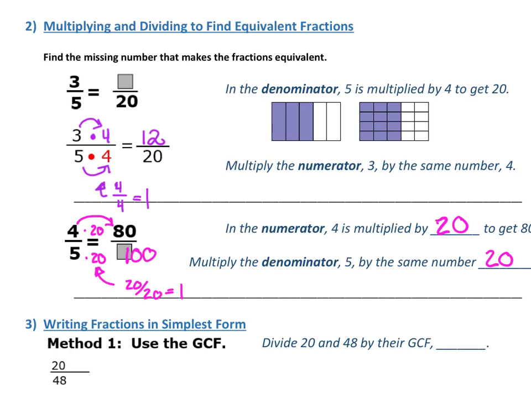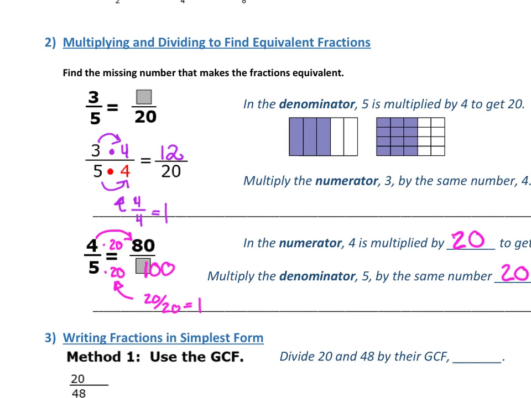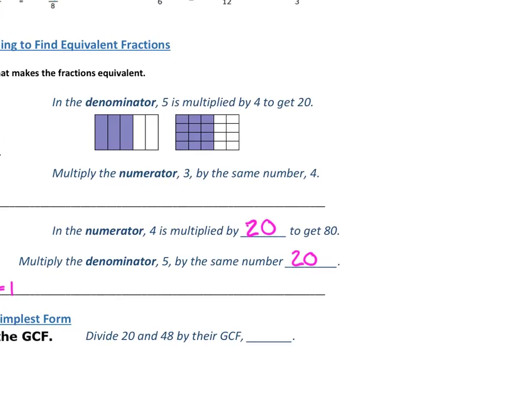Now in both of these examples, I multiplied by a common factor, or the same number on the top and bottom, to get my new fraction. I can also divide by the same number on the top and bottom to get an equal fraction. 3/5 and 4/5, those don't have any common factors that I could divide by and get a fraction. But I'm going to add this little example here. Let's say I had 4/12ths.